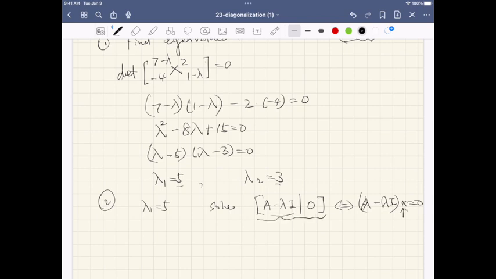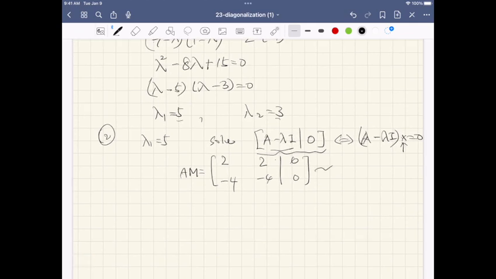A minus lambda I, we already have here, so you just copy it, but replace lambda by 5. So the augmented matrix is 7 minus 5 and 2, negative 4, and 1 minus 5, which is negative 4. And we write 0, 0 here to close the matrix.